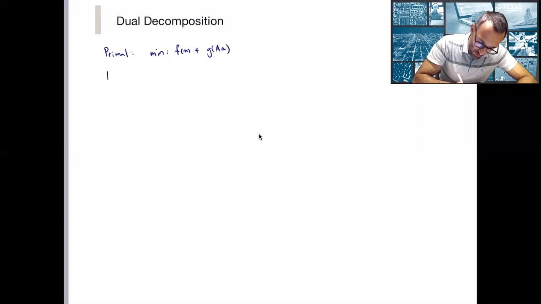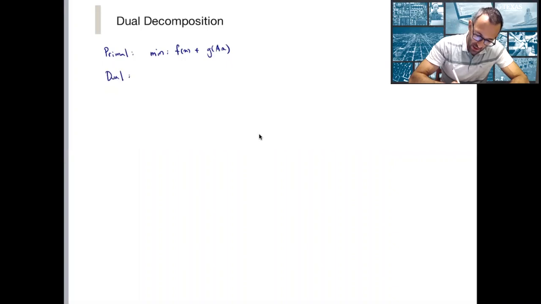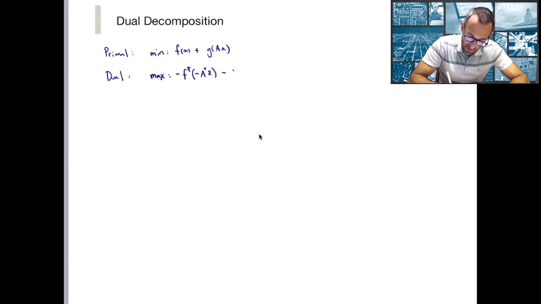What we derived last time was under the assumption that strong duality holds. So for example, if we know that we have an interior point in the domain of f and g, in other words, if Slater's condition holds, then this is equal to the dual problem, which is maximize minus the Fenchel dual of f, evaluated at minus A transpose z, minus the Fenchel dual of g, evaluated at z.